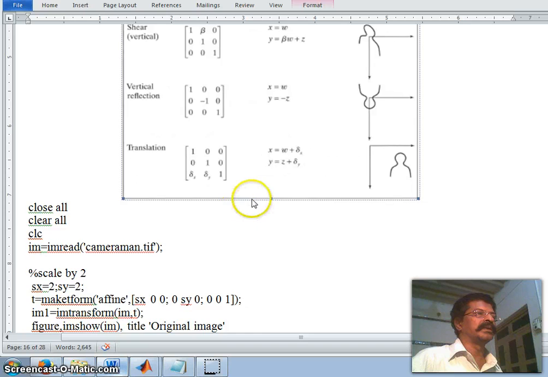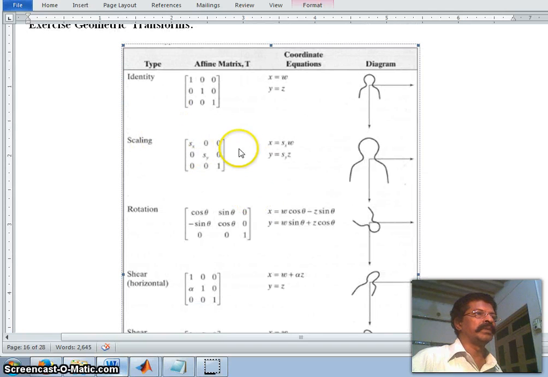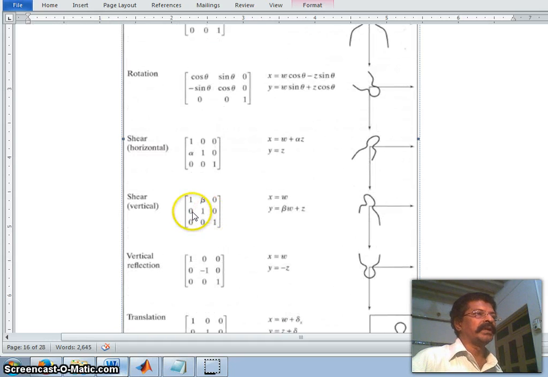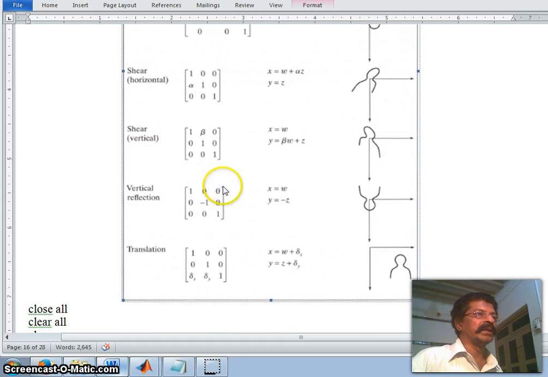Again, to recall, the scaling can be done either by means of a transform matrix or simply by using the imresize command. Likewise, the rotation can be achieved either by imrotate or by means of a transform. The vertical reflection we can get by flipud, flip upside down, and the horizontal reflection by making this equal to -1 or by fliplr, flipping left to right.